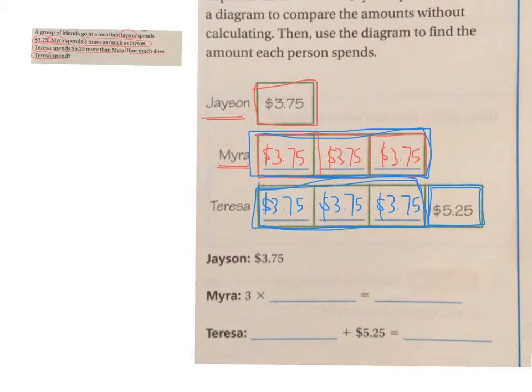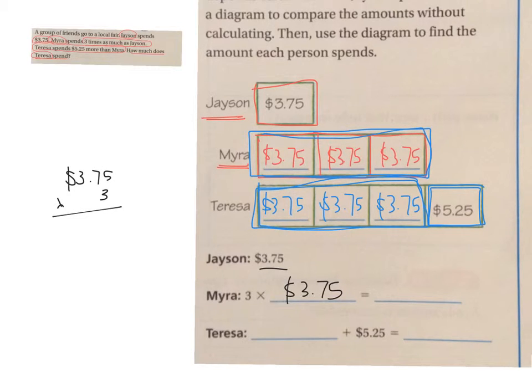So now we know that Jason spent how much money? $3.75. If Myra spent 3 times as much as Jason, Myra spent 3 groups of how much money? 3 times. Liam? Okay, is that multiplication that we can do? Okay, so we can do $3.75.